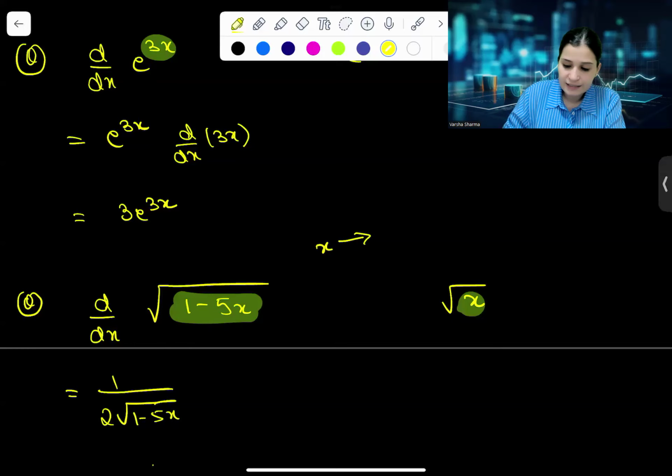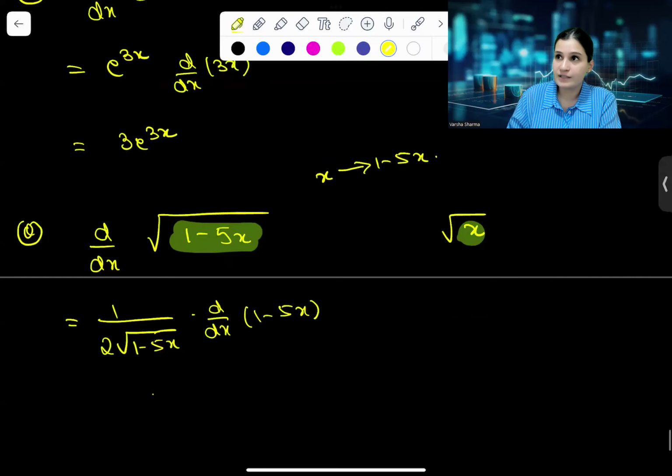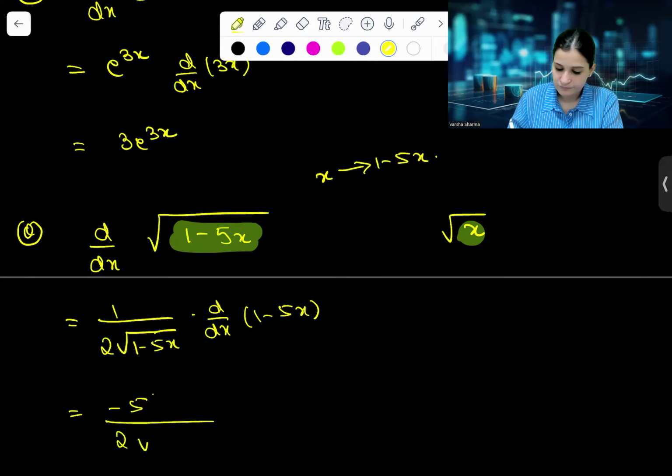So instead of x, the term is 1 minus 5x. So in the numerator, we are going to write the differentiation of 1 minus 5x. So differentiation of 1 minus 5x is minus 5. Yes? Yes, ma'am.